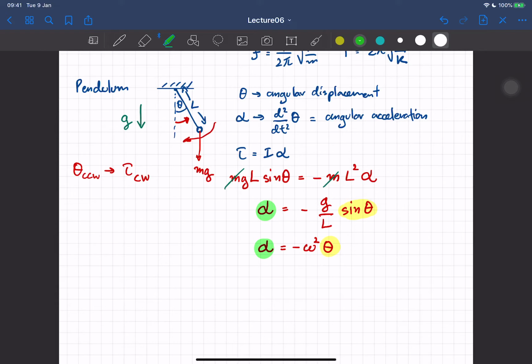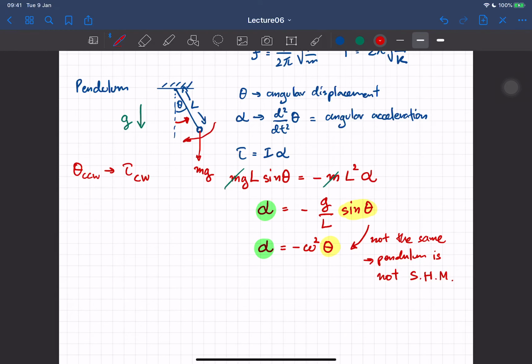So in general, a pendulum is not simple harmonic, because the equation that you got from the pendulum does not match exactly what you expect for simple harmonic motion. I'm going to write down that this is not the same form. So pendulum is not simple harmonic motion.